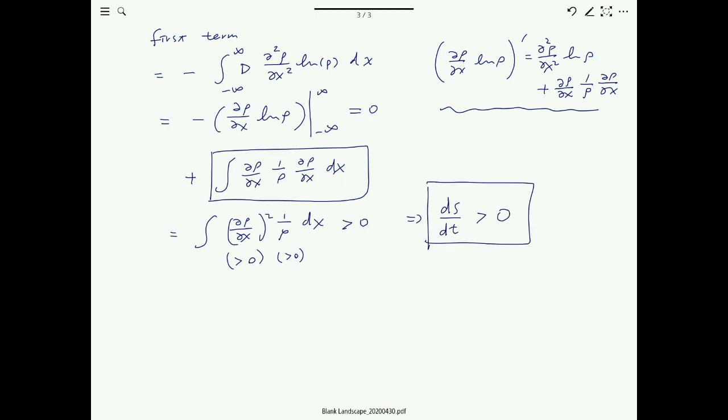So the question is why? Basically, this is coming from the derivation of the diffusion equation.